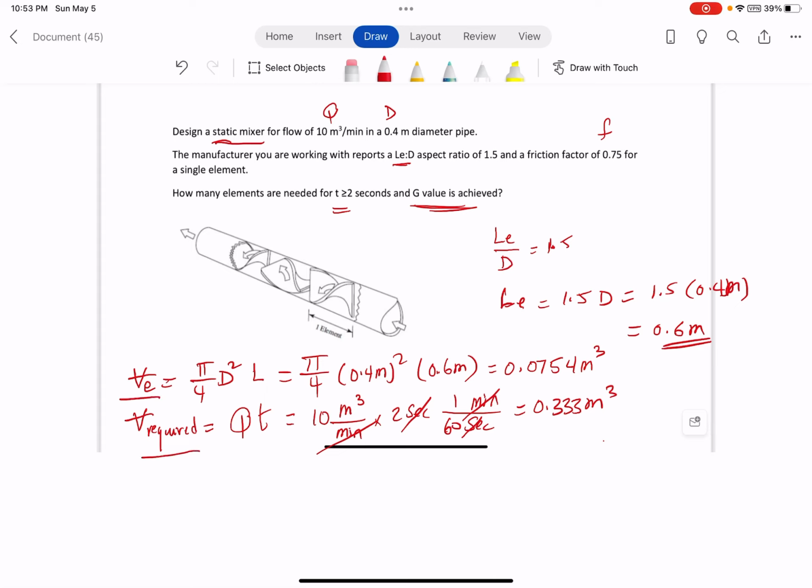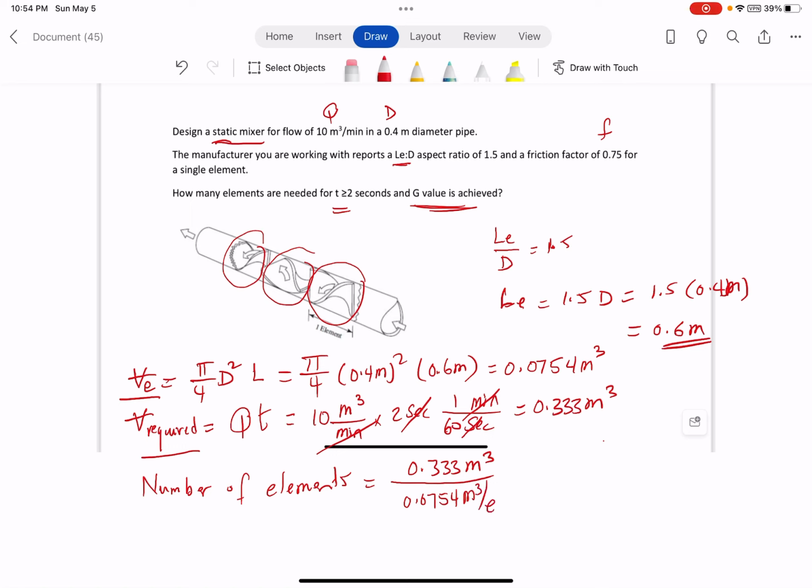Since we have the total volume and the volume of every element, now we need to find the number of elements. The number of elements is equal to the total volume, 0.333 meter cubed, over the volume of every element, 0.0754 meter cubed per element.